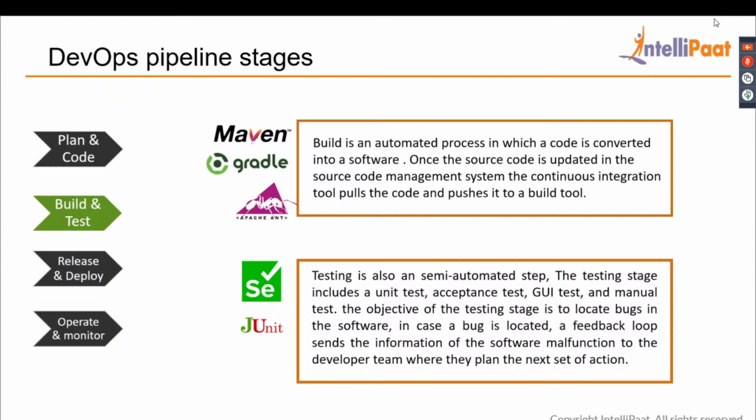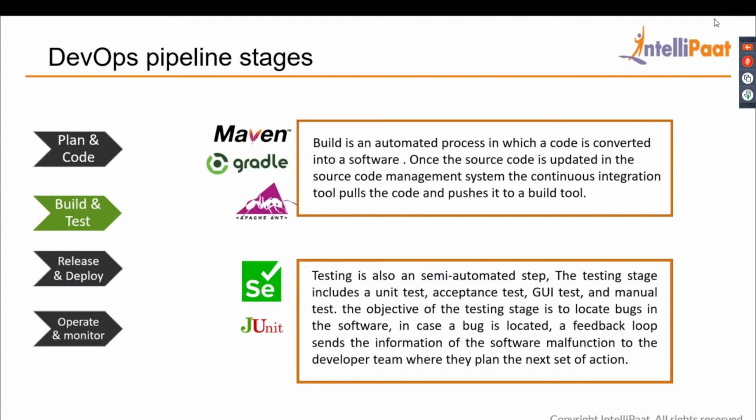Once the application is built, that application will be run on a testing environment, sorry, not production, a testing environment. And that application which is running will be tested using automated or semi-automated tools, basically Selenium and JUnit, and there are so many other tools.